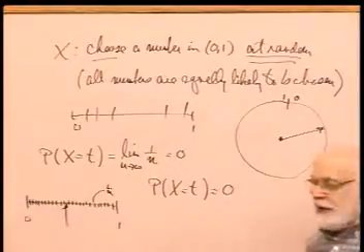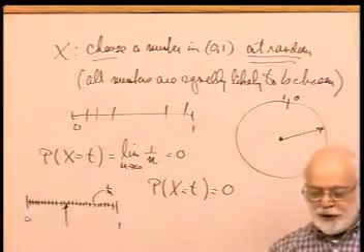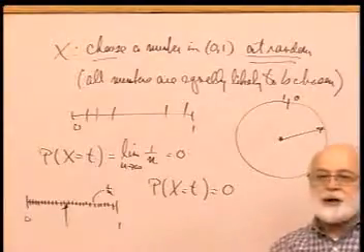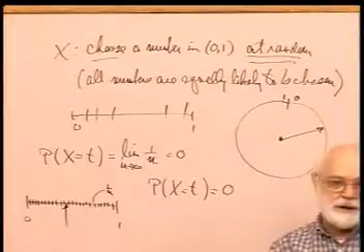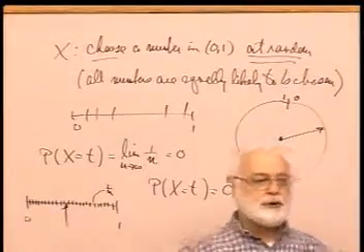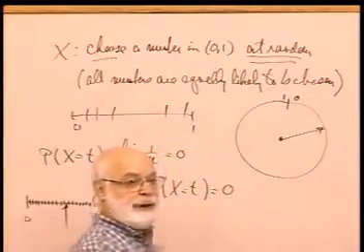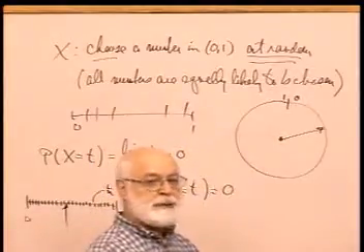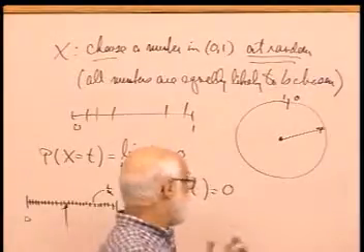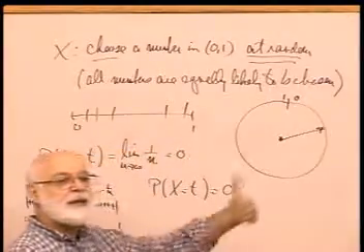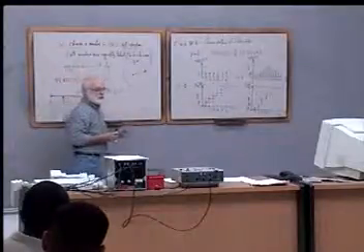So in a discrete case, the intuition is that if an event cannot occur, its probability is 0, and if its probability is 0, it can't occur. But in general, that's not true. If the event can't occur, its probability is 0, but if its probability is 0, that does not mean that it can't occur. It just means that it's one value out of an uncountably infinite number of possible values.